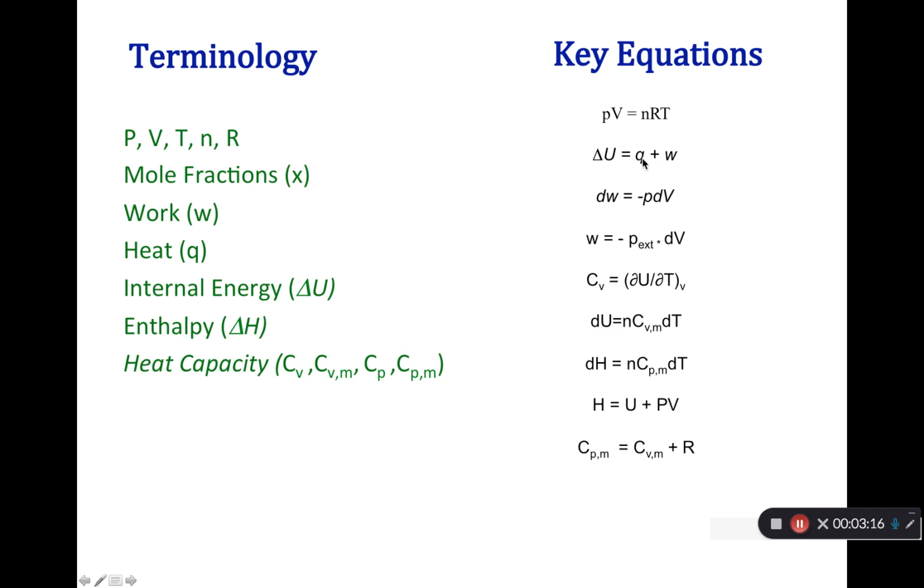And then you can also measure heat, and this is typically done in a calorimeter. We define the heat capacities. The heat capacity at constant volume is the change in internal energy divided by the differential change in temperature at constant volume.